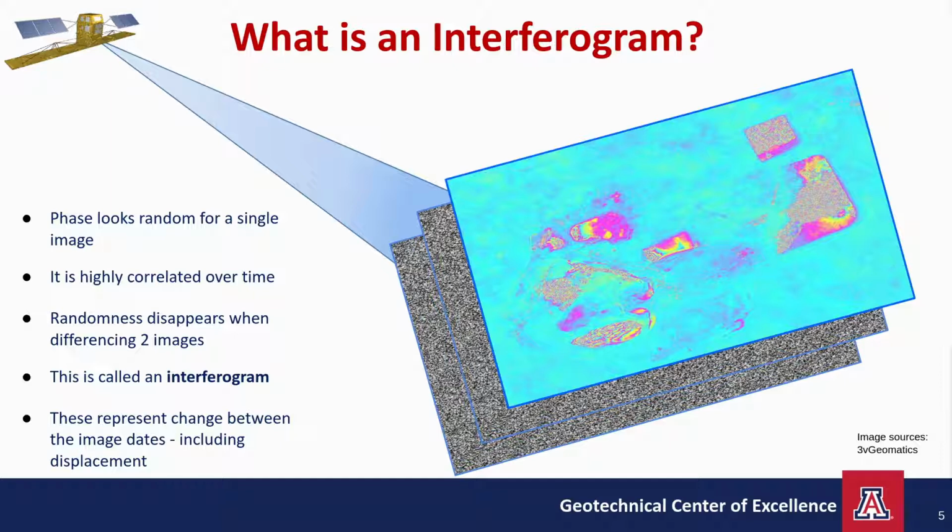Interferograms are formed using two SAR images separated in time. These phase differences encapsulate changes that have occurred between the two image dates, including any ground displacement. There are other unwanted effects that also shift the phase values, and the main goal and challenge of InSAR processing is to isolate displacement from these other effects.